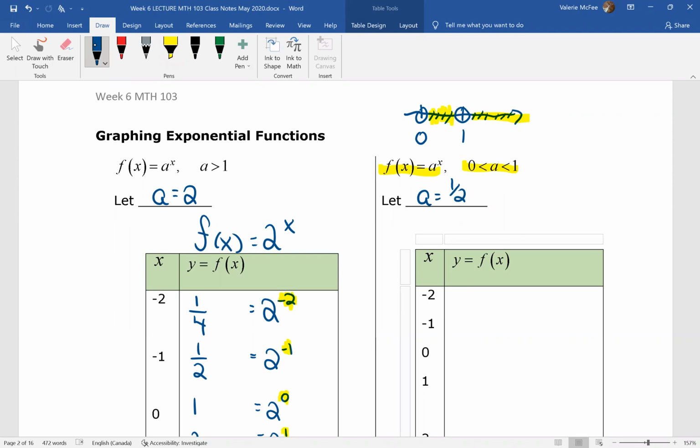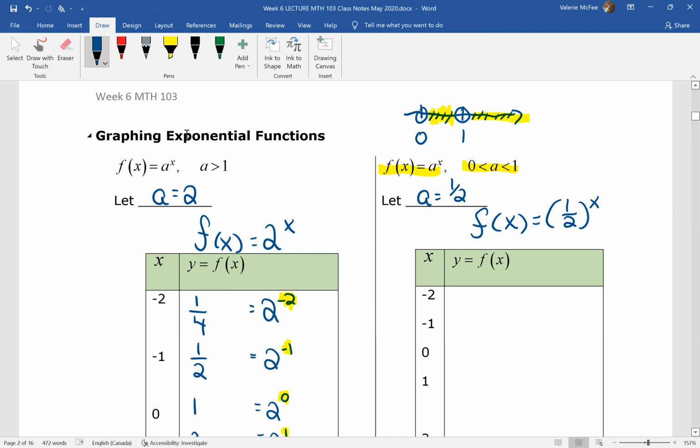We're going to look at the exponential function f of x equals 1/2, and it needs to be in brackets, all to the power of x. I want you to substitute these values of x into the exponential function and determine the corresponding values of y.